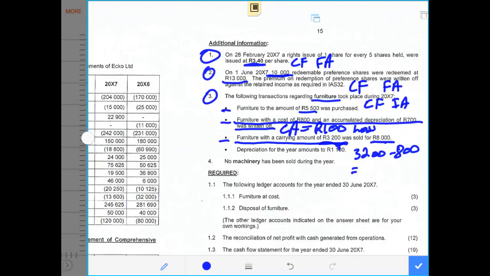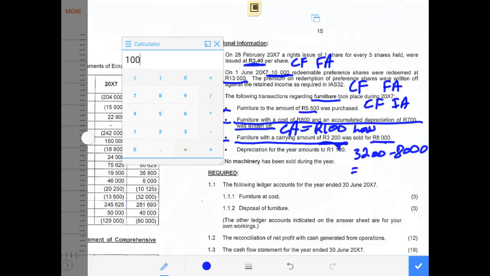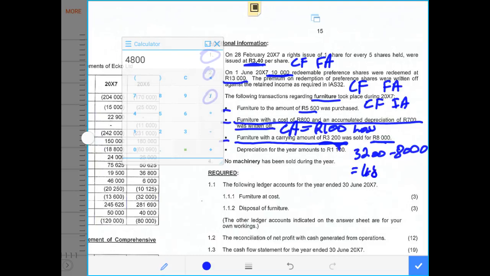The selling price was above the carrying amount, therefore the difference will be a profit on the sale of the furniture. 8,000, which is the selling price, minus 3,200 gives us 4,800. Therefore 4,800 will be a profit on the sale of this furniture.